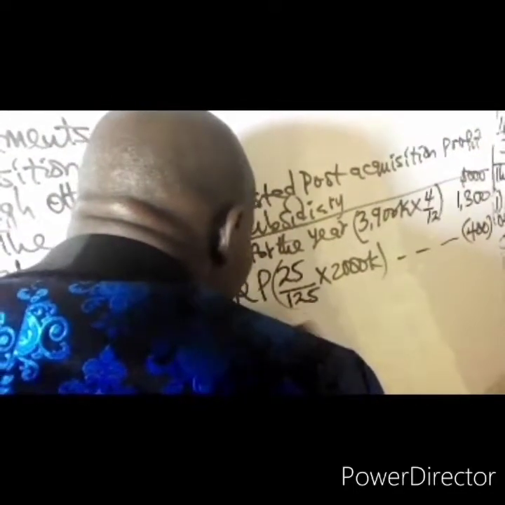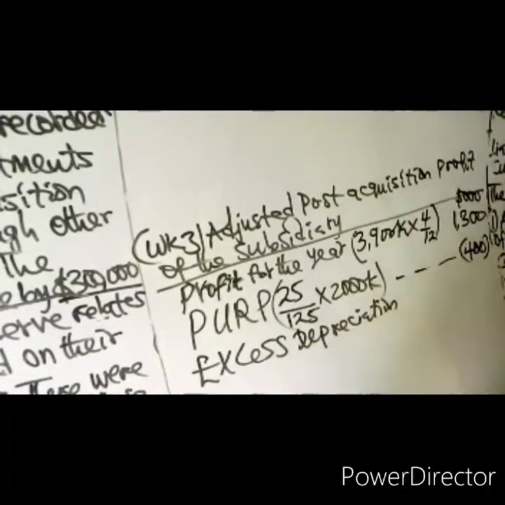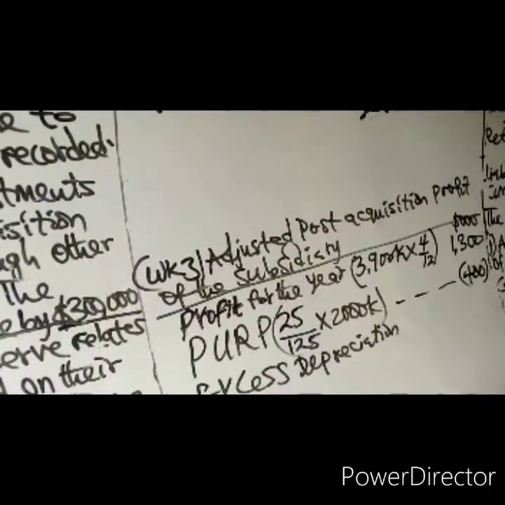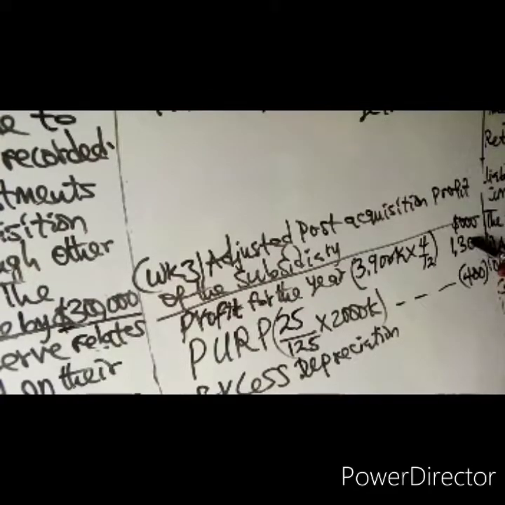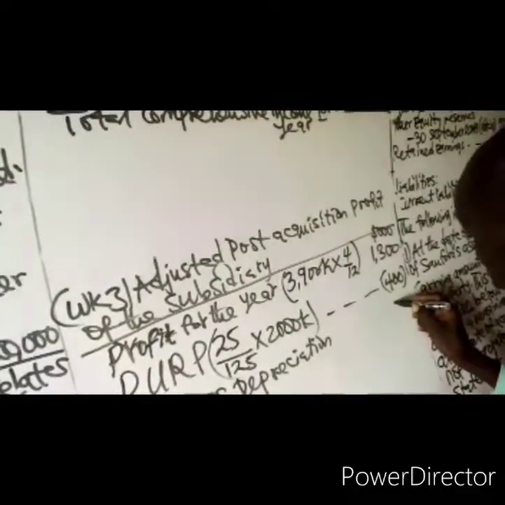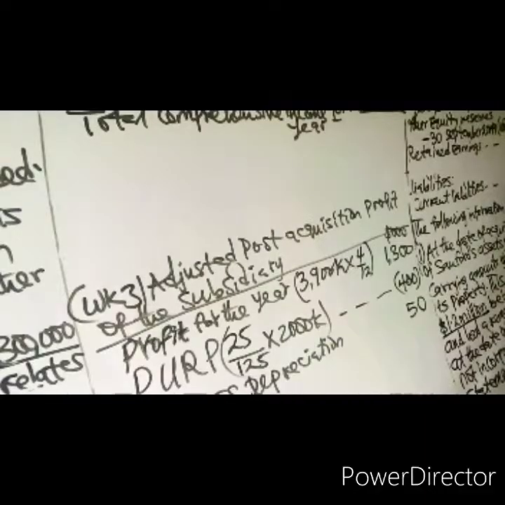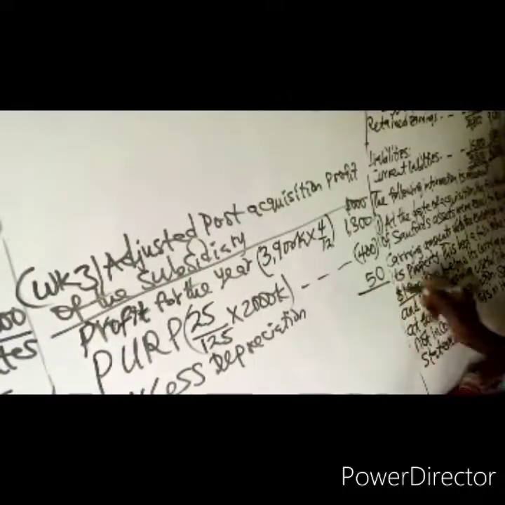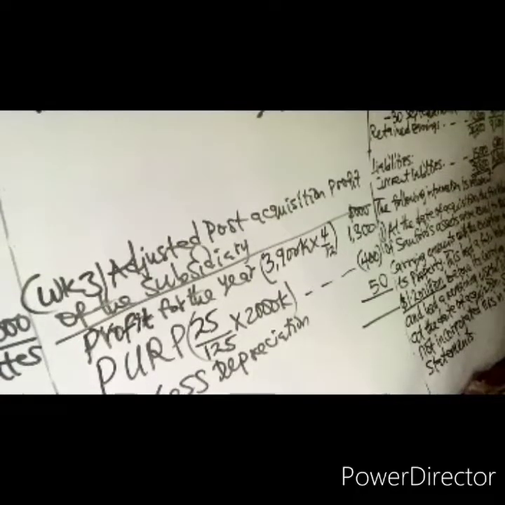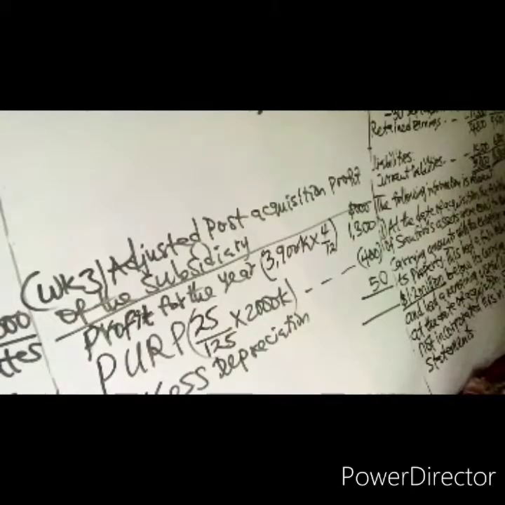Then excess depreciation on fair value decrease. The depreciation previously recognized was in excess. So that means the profit of the subsidiary has been reduced by the amount of excess depreciation. Therefore, you are going to add it. So, if you add that, then the adjusted profit will be 1,300 minus 400 plus 50.